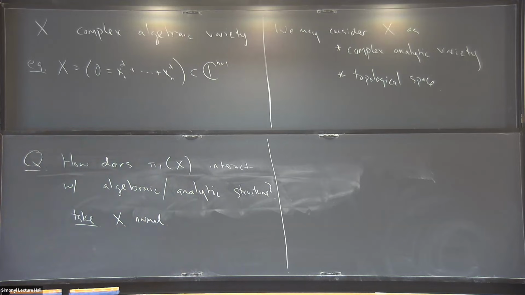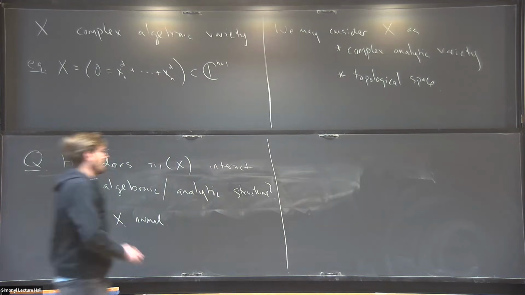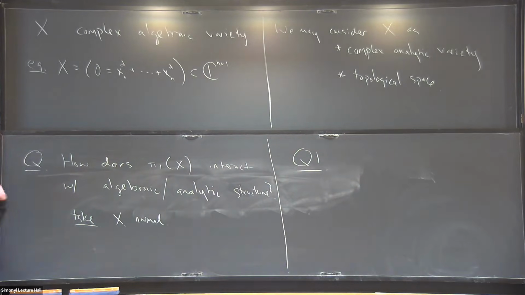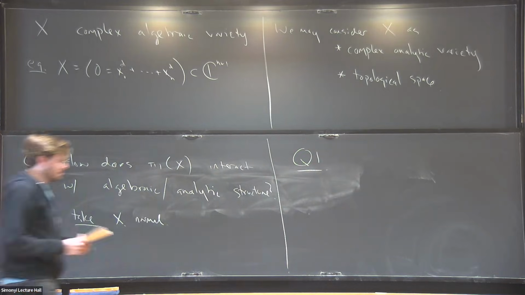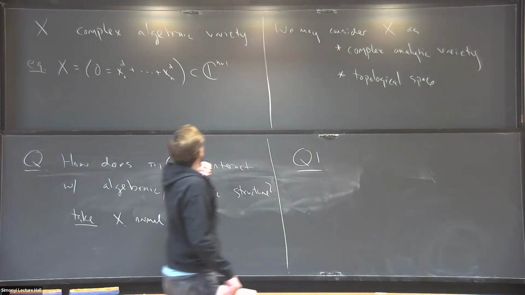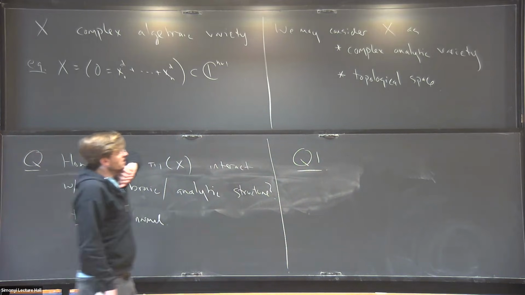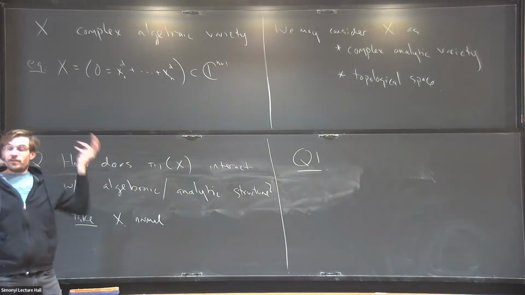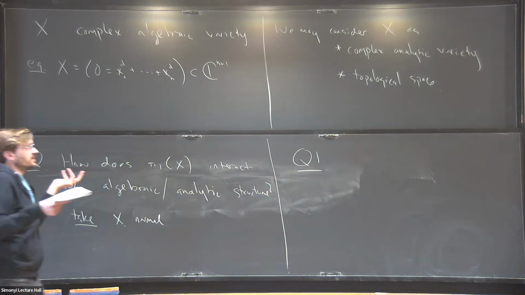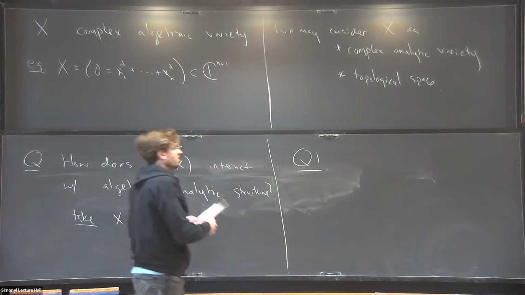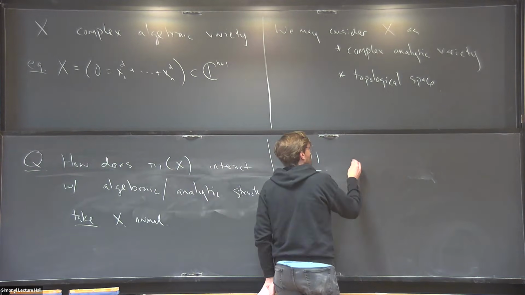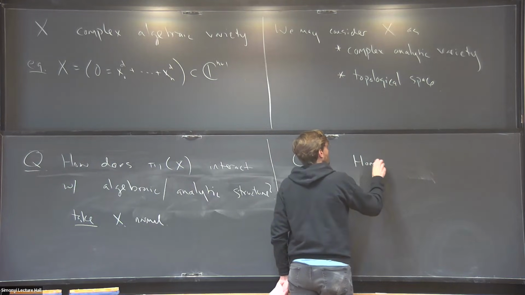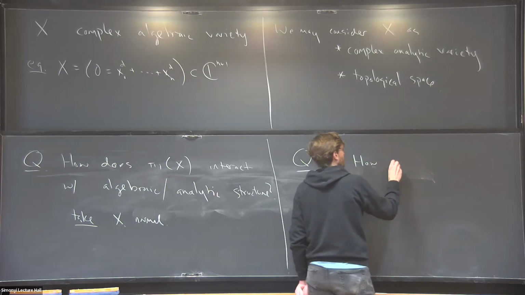Questions? Okay, cool. So as I promised, let me give two more precise but still vague questions. X is a complex algebraic variety, and therefore a complex analytic variety. The universal cover of a complex analytic variety is naturally a complex analytic variety, but not necessarily algebraic. So question one is, if I take the universal cover, how many global holomorphic functions does it have?